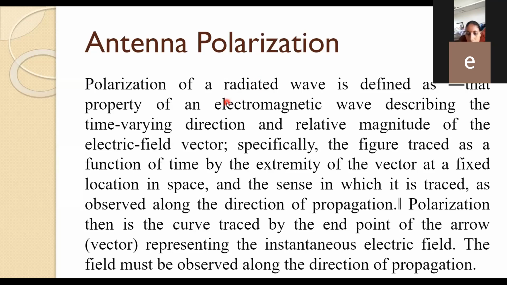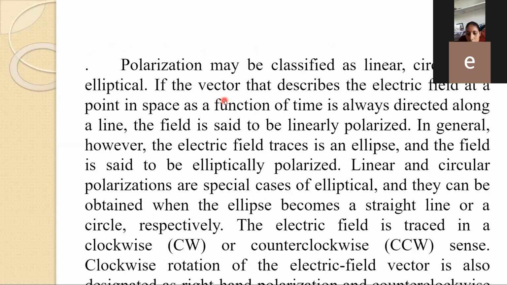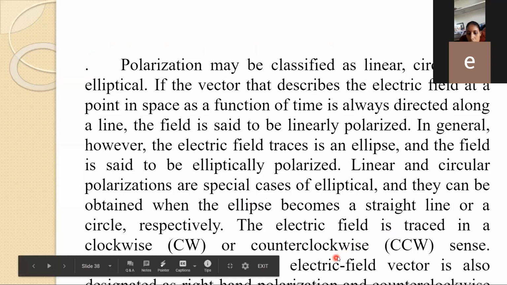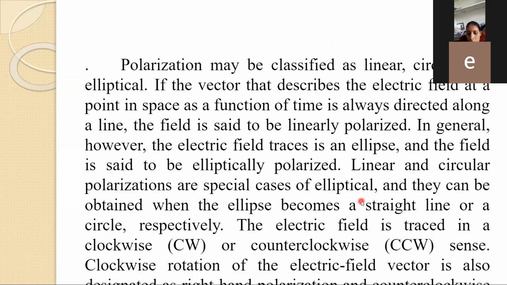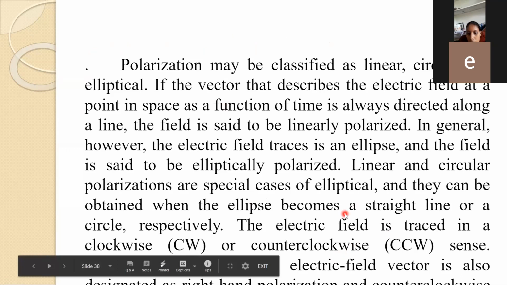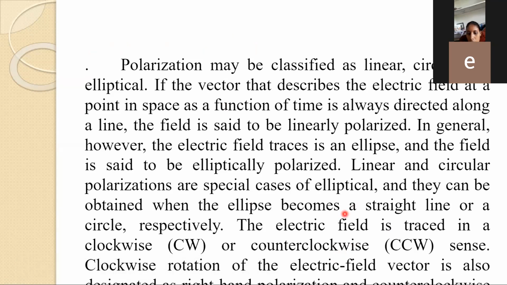So when electric field vectors are in the same alignment, what is that? This electric field vector is vertical, in the vertical plane.